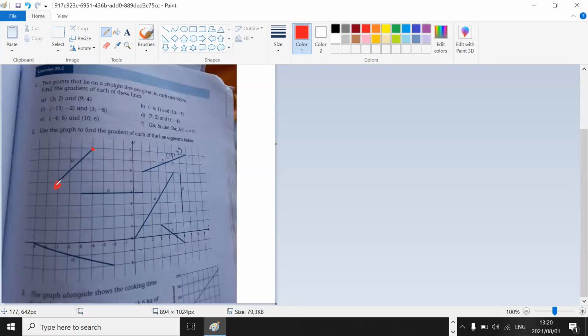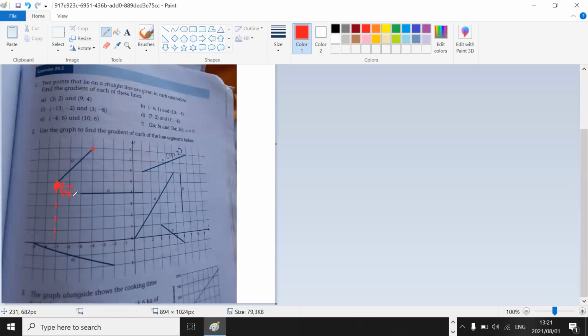Now this point has an x and a y value. In order for us to find the x value, we must look at where exactly this point is aligned to. I believe you can see that this point here is aligned to x, which is equal to -7. So that's why we have an x value of -7 for the starting point.